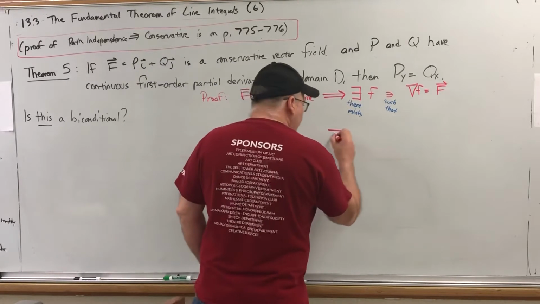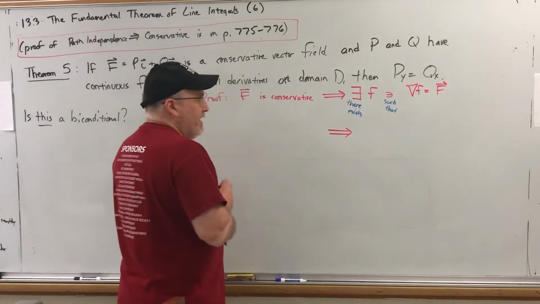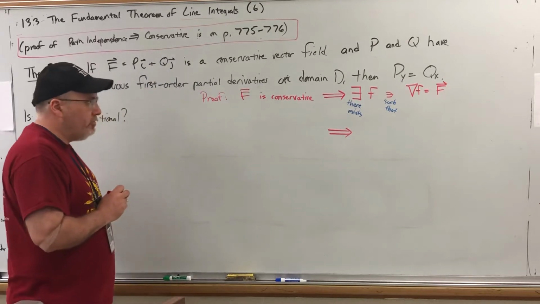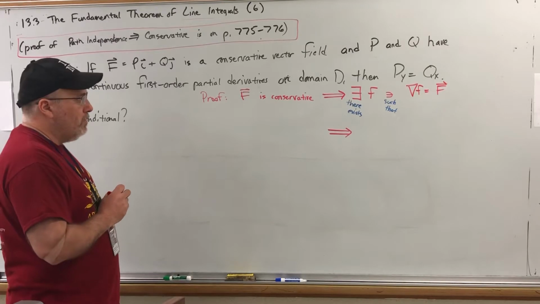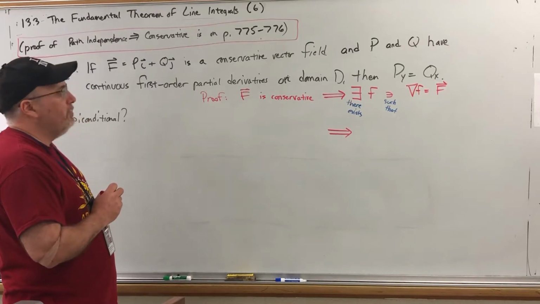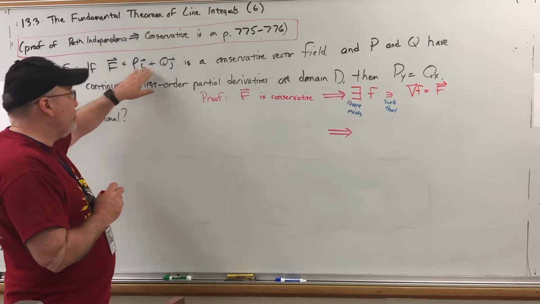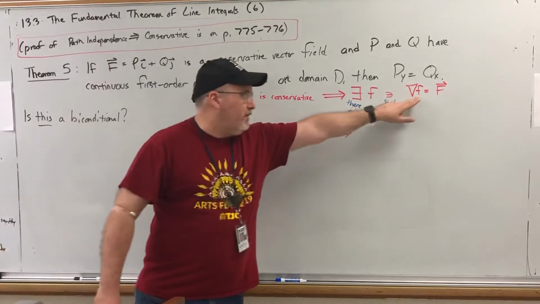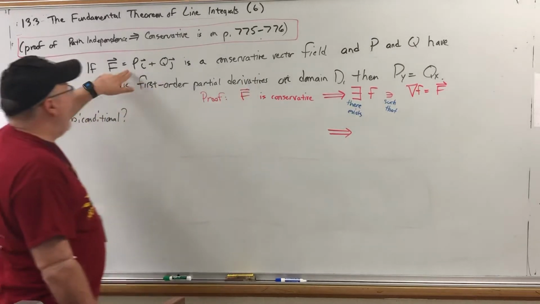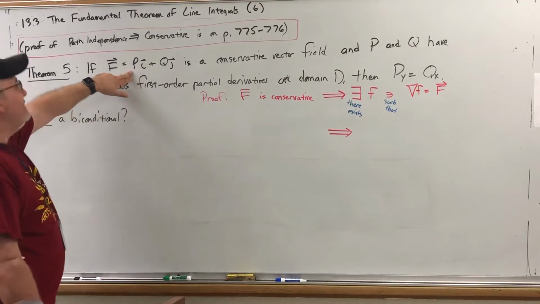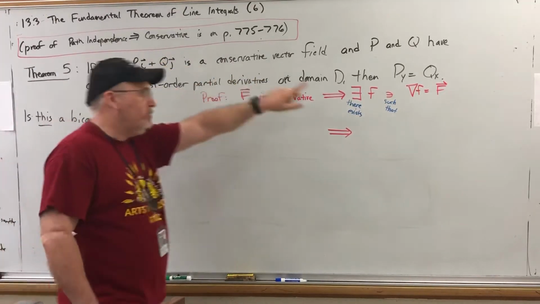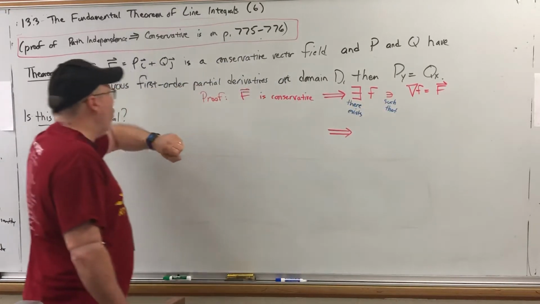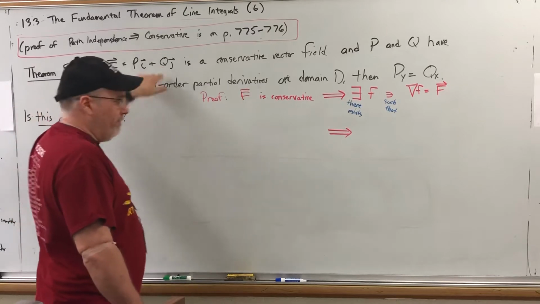And this implies that, and remember how you take the gradient of a function, you take the partial derivative of the potential with respect to x to get the i component function, and you take the partial derivative of the potential function with respect to y to get the j component function.